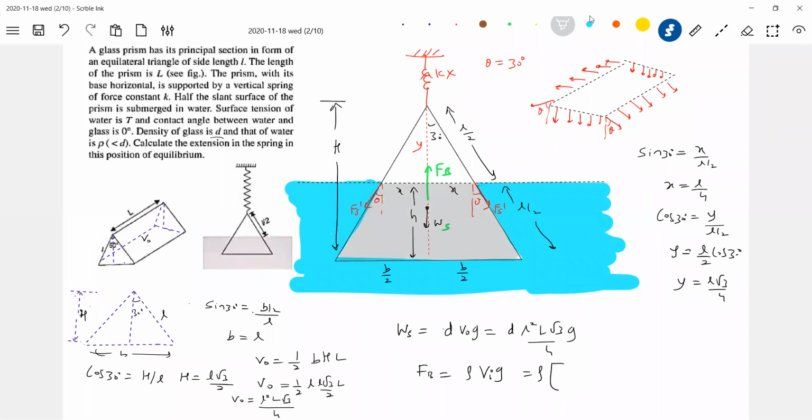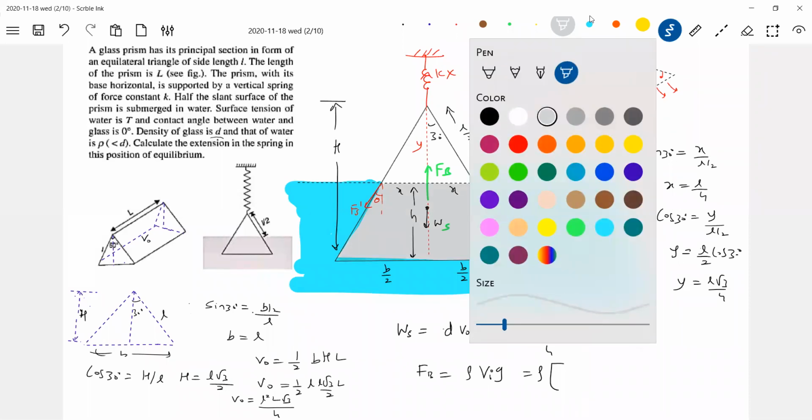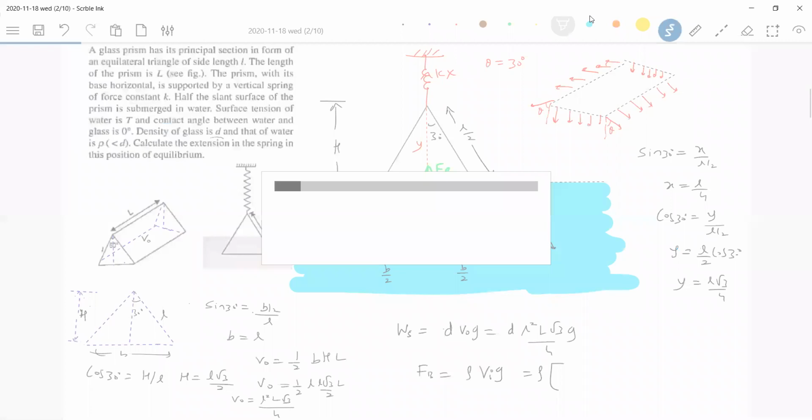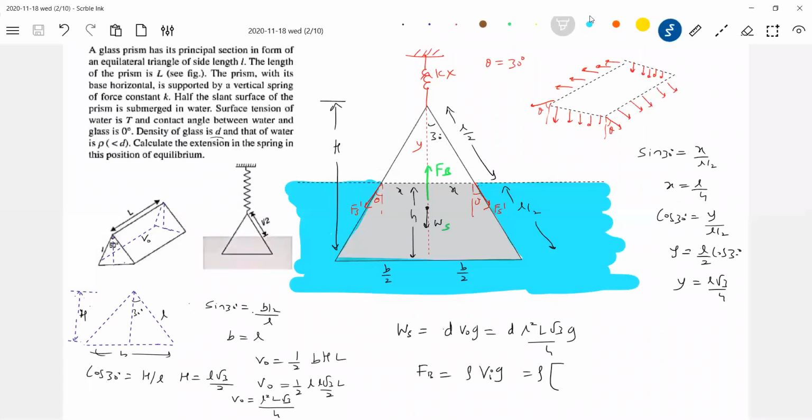Now you see this. Even for me, I should fight with the diagram. There's no other way. How to calculate volume immersed? In the bigger volume, V naught minus volume of the smaller prism.